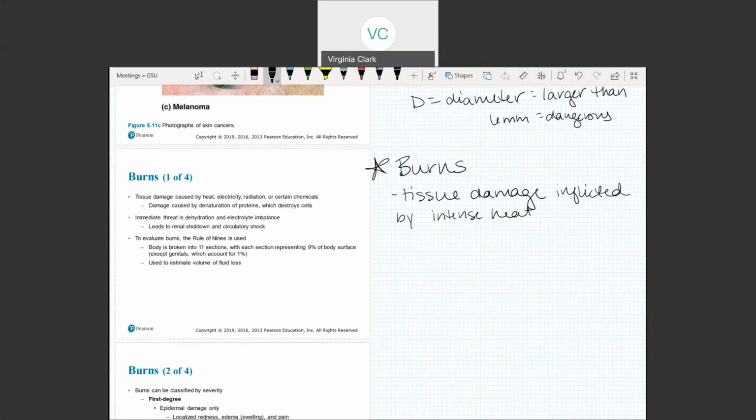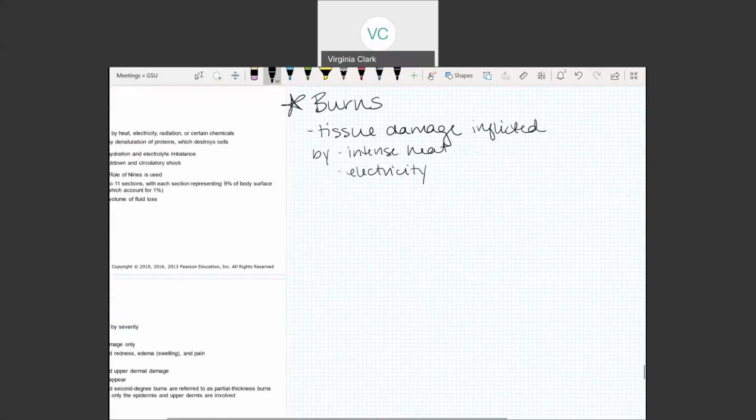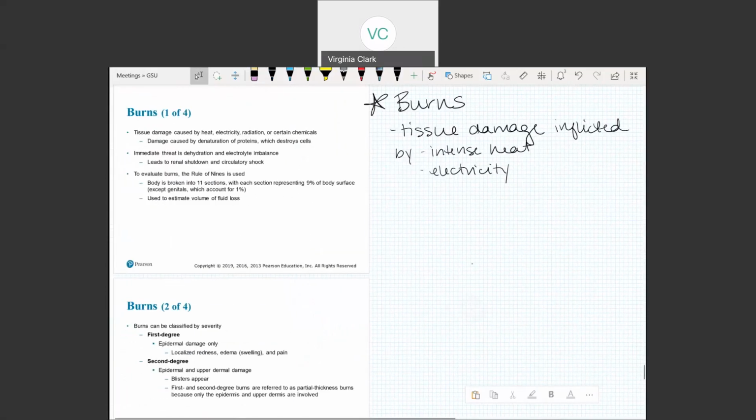It can be inflicted by electricity. So if you got struck by lightning, that would be an electrical burn. It can be inflicted by radiation. And it can be inflicted by certain chemicals, a chemical burn. But a burn is tissue damage that is inflicted by something.